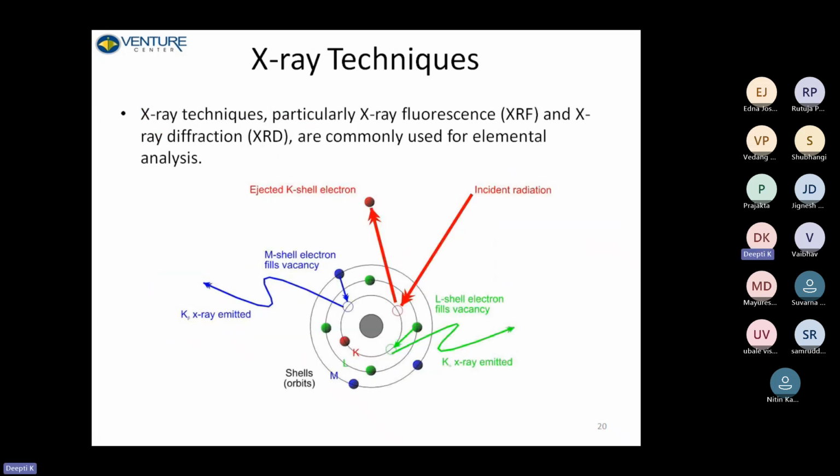The sample preparation steps remain the same. In an XRF technique, it will directly measure the concentration of elements in a sample by detecting the characteristic X-ray emissions that are emitted after a particular electron has been ejected from its ground state to its higher orbital state.